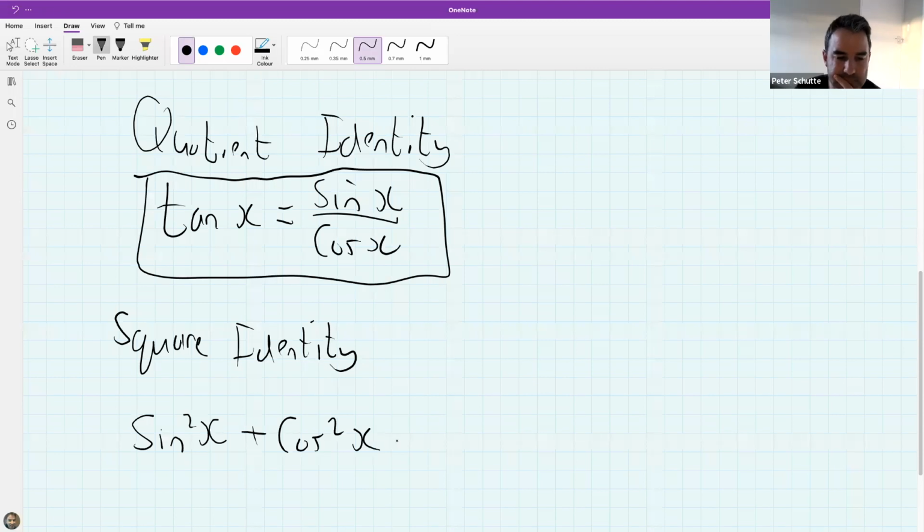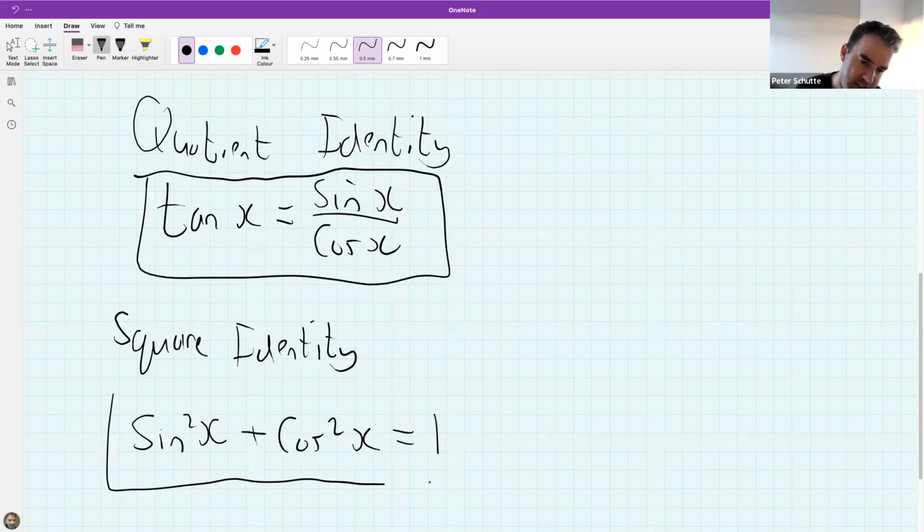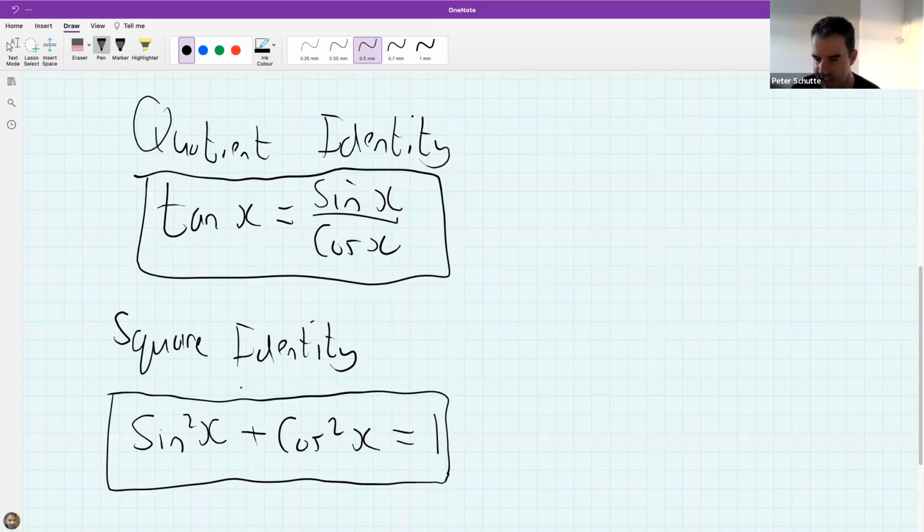Hi, sir. Isn't that going to give you 1? Perfect. Yes. This is called the square identity, and it's rather puzzling. It's rather interesting. I'll show you now why it works, but you just have to learn that. So sine squared x, or sine squared a variable plus cos squared a variable, is equal to 1.